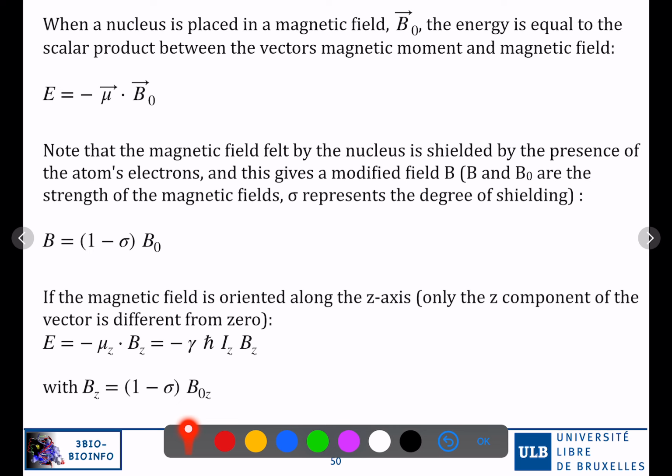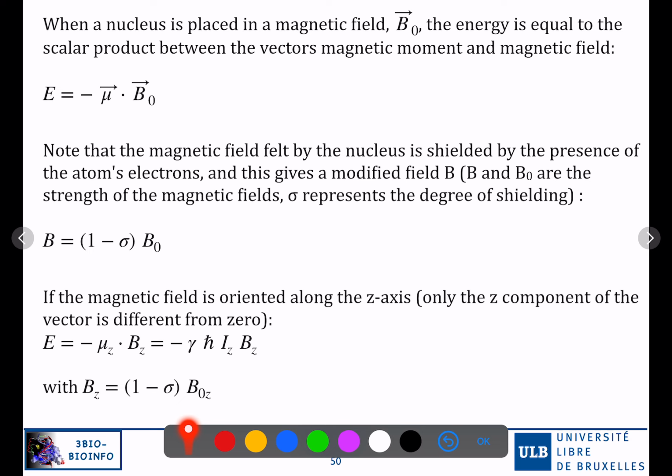And electrons are also charged particles. Here you will have an effect that is a shielding of the magnetic moment of the nucleus by the presence of the atom's electrons.